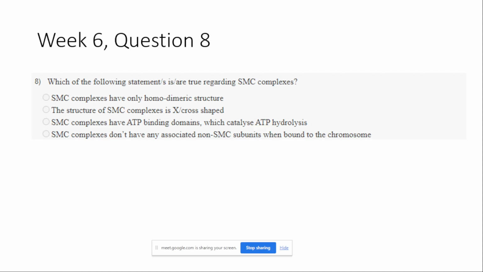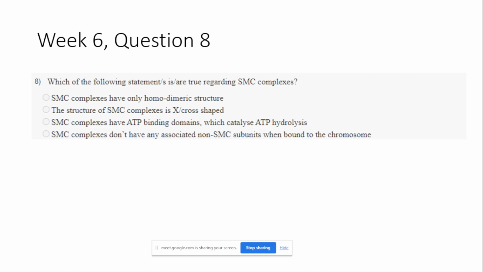Okay, so SMC complexes cannot have a homodimeric structure, right? Because homodimeric means two similar, same subunits come and form a complex. This is not the case for the SMC complexes because first of all they are not dimeric. There are more than two proteins involved.